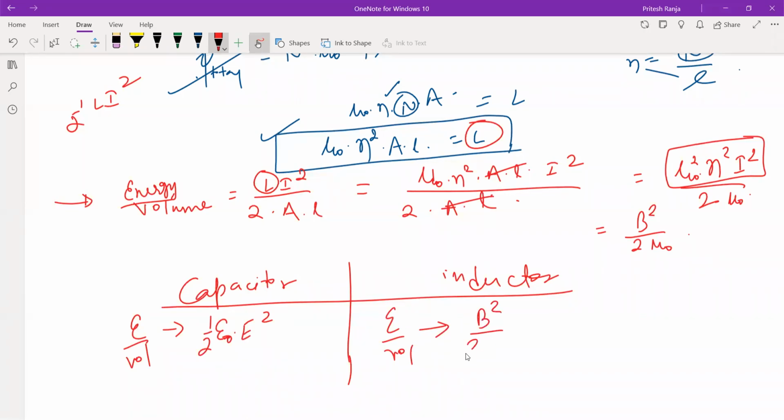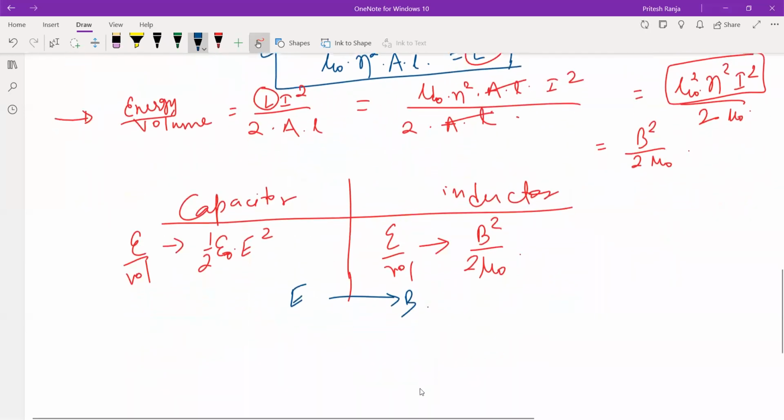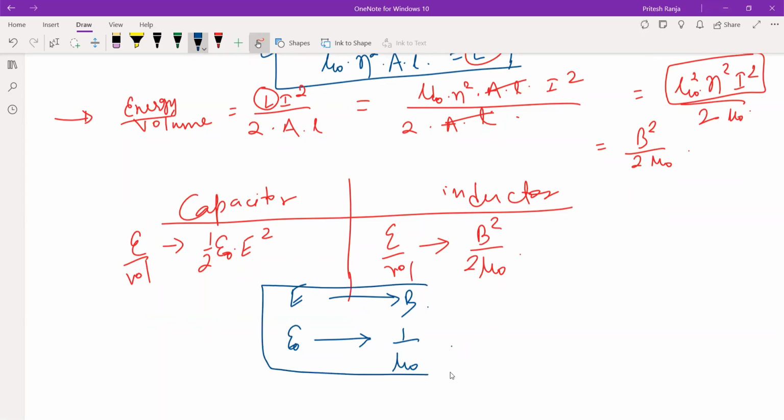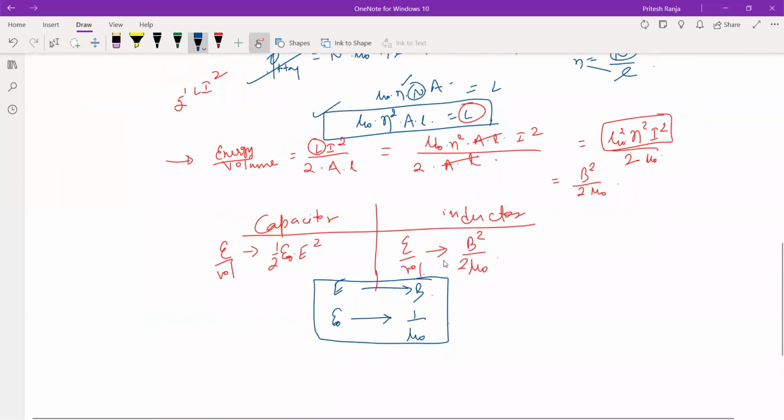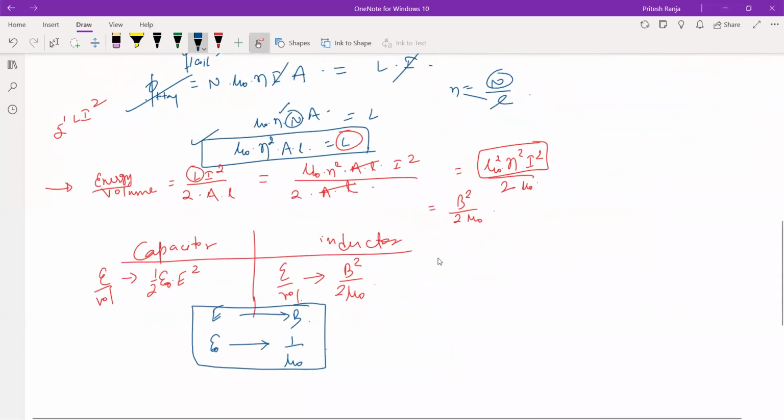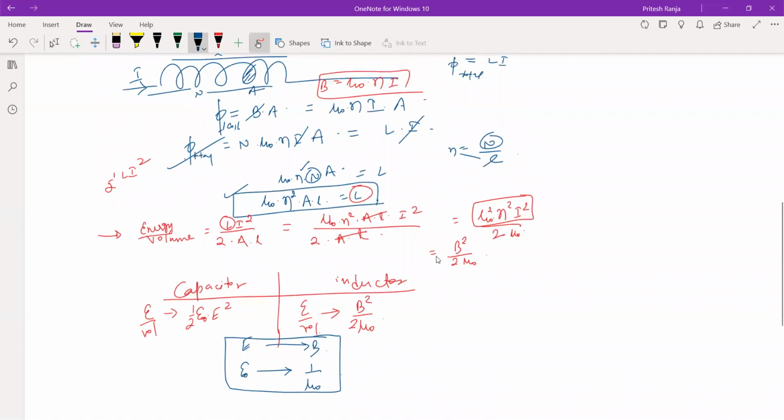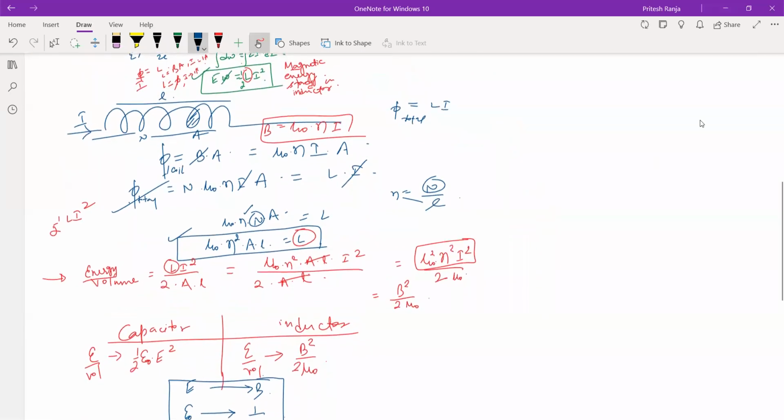B square by 2 mu naught. So one can understand that there is some analogy here. Electric field is similar to magnetic field, which is what we discussed earlier. And epsilon naught is similar to 1 by mu naught. These things will be used later on when we discuss electromagnetic waves. But for now, whoever wants to write down the energy per unit volume in an inductor, they can do that.